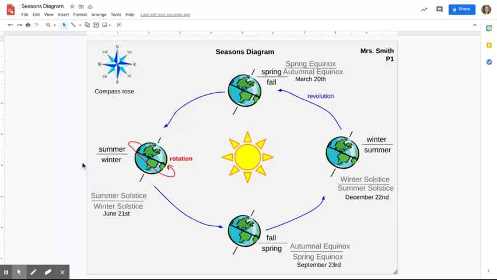So as we revolve around the sun, we start with the longest day in the northern hemisphere, and then things start to get shorter, less sunlight, less sunlight, less sunlight, until we have 12 hours of sunlight and 12 hours of darkness. And then we move to the shortest day of the year, December 22nd, 23rd. Things get darker, the darkest day of the year, the least amount of sunlight. And then the day has to get longer. It can't get any shorter because that was our darkest day.